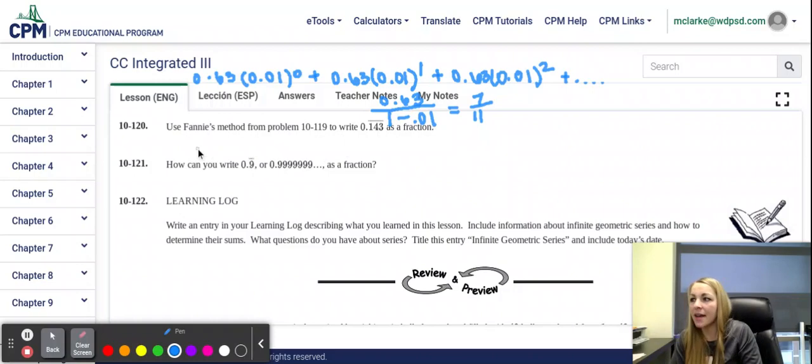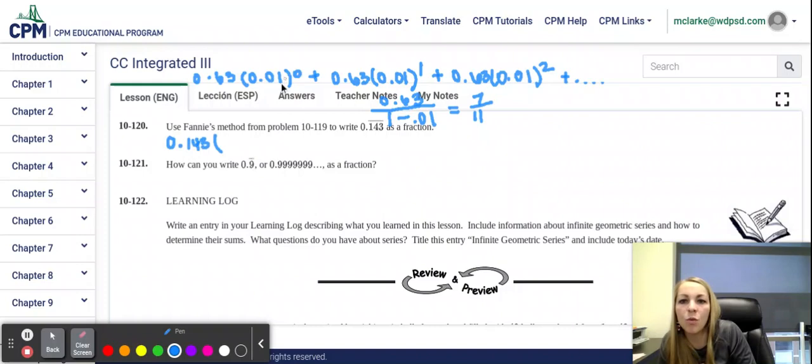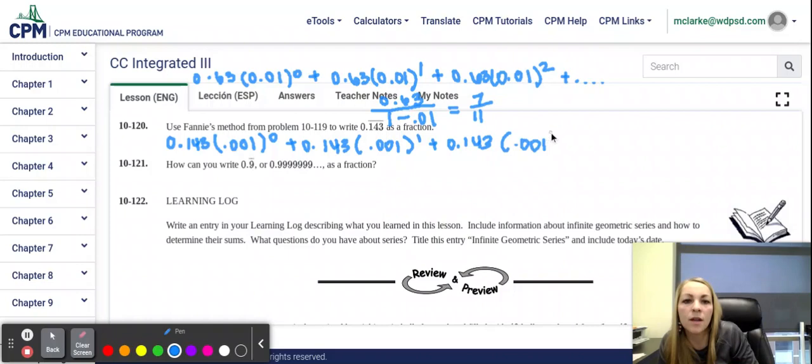Okay, so welcome back. So what do we have going on here? We have something like 0.143 this time times, now instead of doing 0.01, I'm going to do 0.001 to the 0 plus 0.143 times 0.001 to the first plus 0.143 times 0.001 to the second power plus ..., because this is going to go on forever.